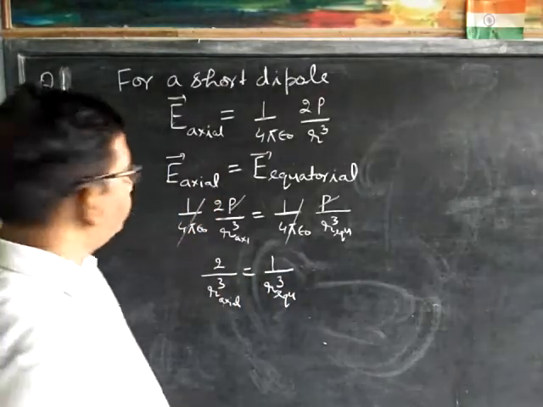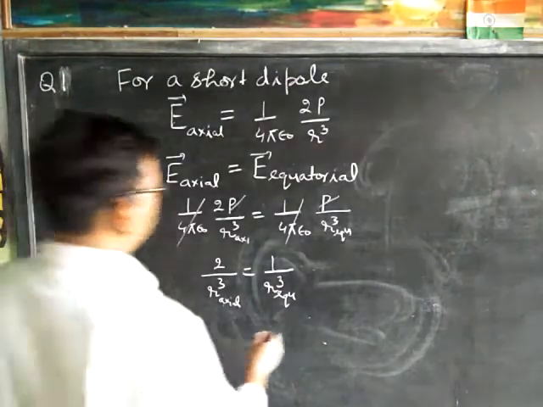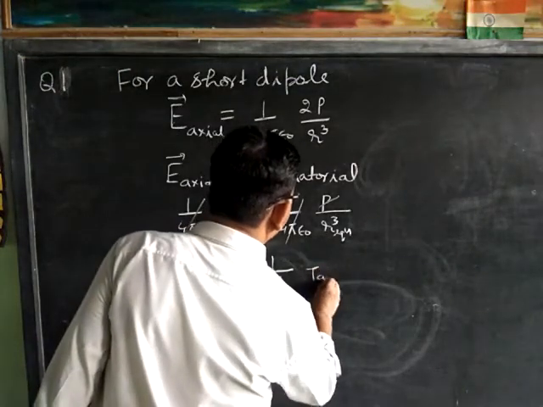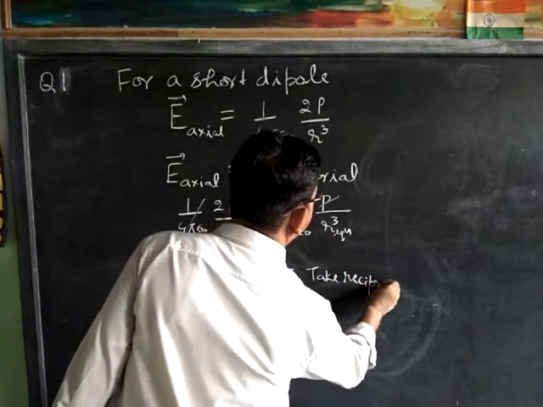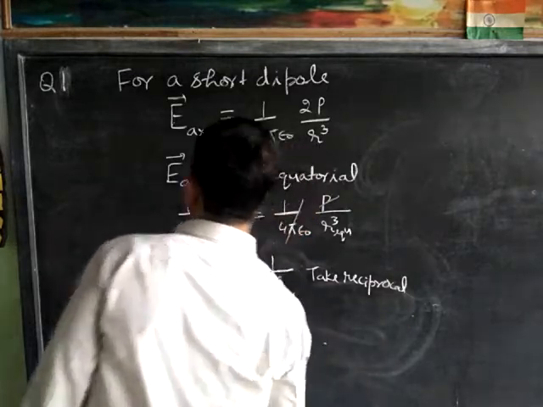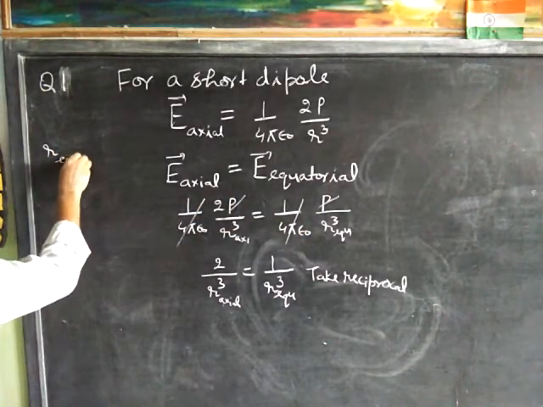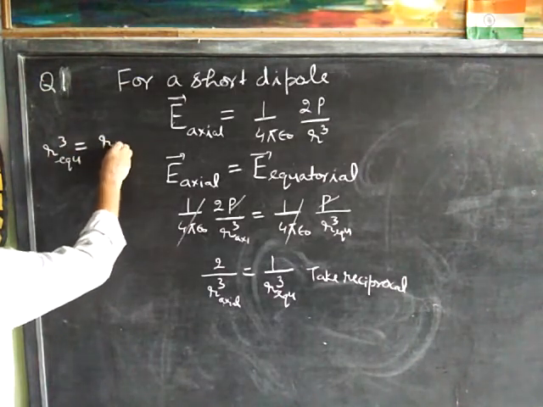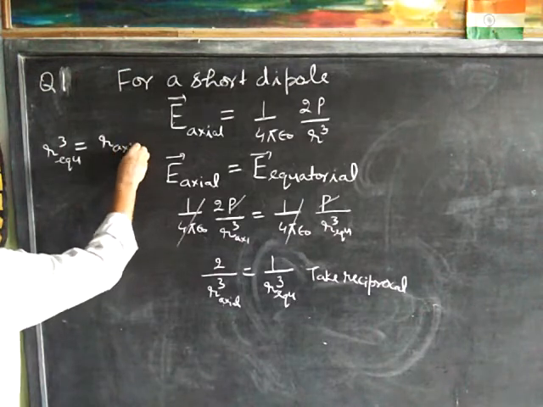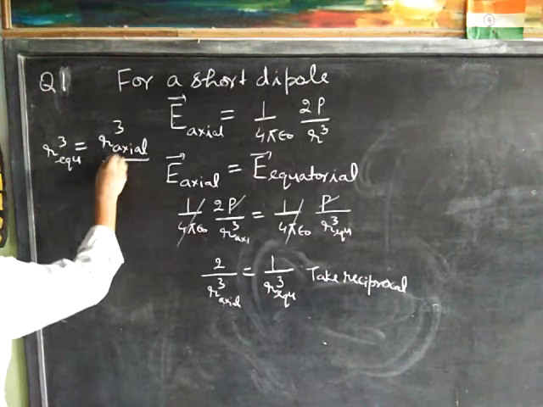Taking the reciprocal on both sides, r equatorial cube is equal to r axial cube upon 2.